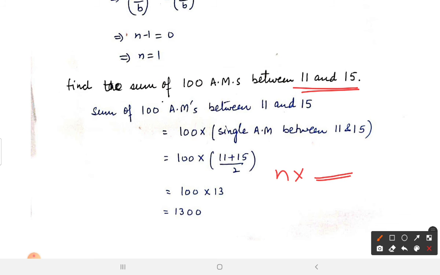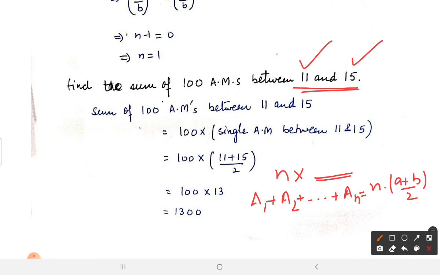We have done this relation in our previous video, that sum of n arithmetic means is equal to n times the arithmetic mean between the two numbers. Clear? So here the two numbers are 11 and 15 and n is 100. So it is 100 times arithmetic mean of 11 and 15.